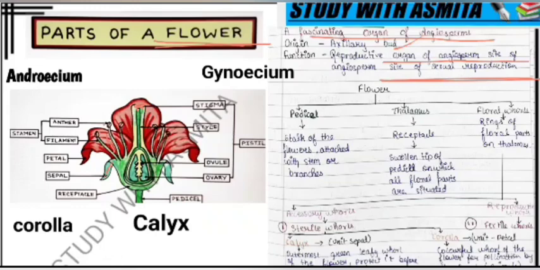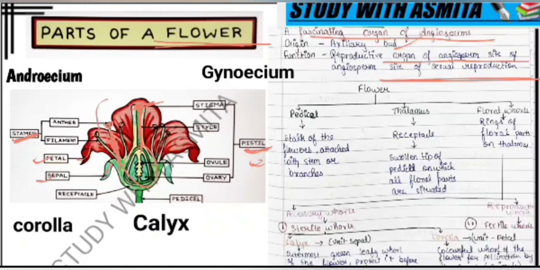Before starting with the chapter, let us take a look at all the parts of a flower. If we talk about the pistil or the carpel, it is the female part of a plant which consists of stigma, style and ovary. The stamen is the male part of a plant which consists of anther and filament. Other than these reproductive parts, there are accessory parts. The petal is a colorful part of a plant which helps in attracting insects for pollination.